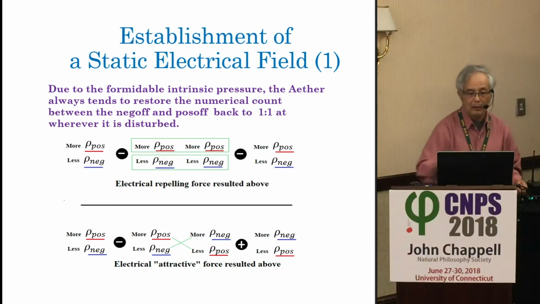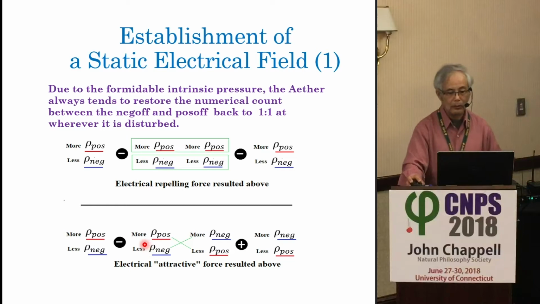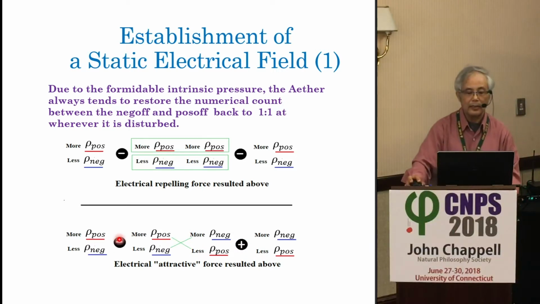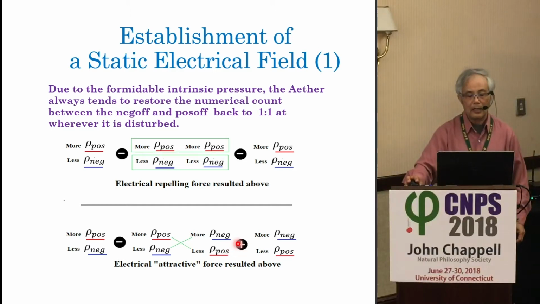So, to the next situation: if there is a positive charge here and a negative charge here, for this positive charge you have more negative surrounding it, but less positive. The opposite situation holds for the negative charge: more positive surrounding, less negative.